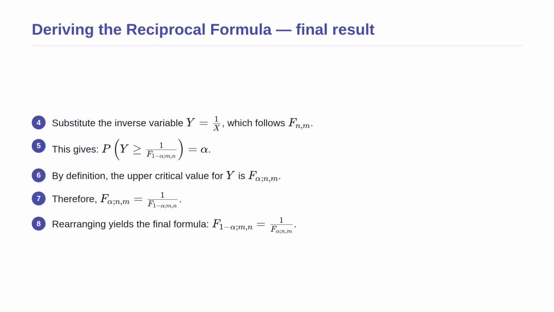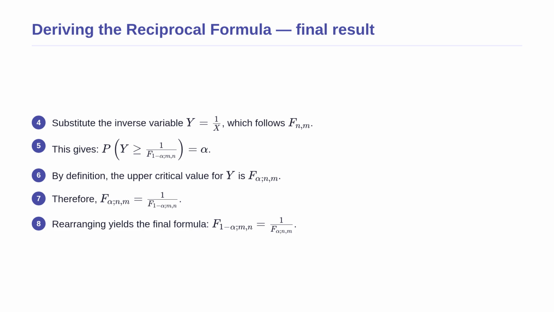Continuing our derivation, we recall that 1 divided by x is our new variable y, which follows an F distribution with swapped degrees of freedom n and m. Substituting y into our inequality, the equation now tells us that for our new variable y, the area to the right of our flipped fraction is exactly alpha.